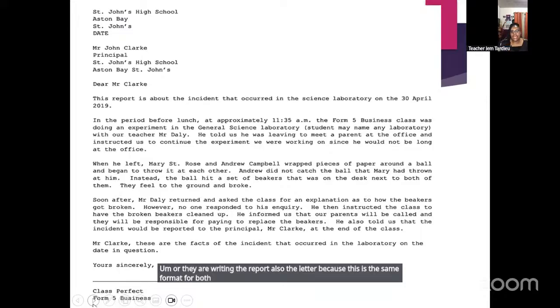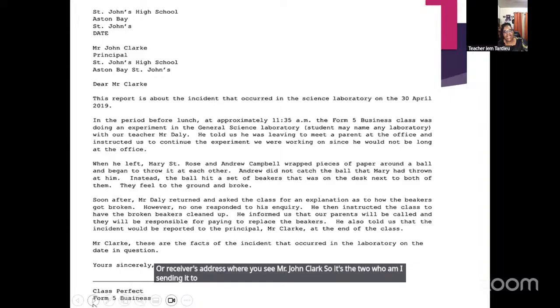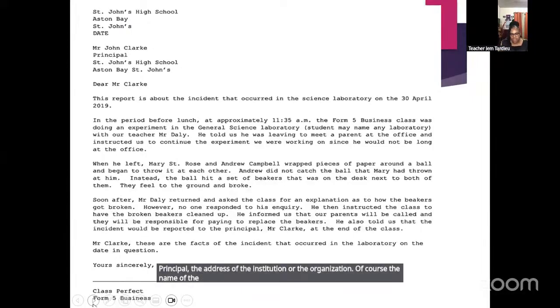The only time that you put the name is where you have the recipient's address, where you see Mr. John Clark. So it's the to, who am I sending it to? What is the position held? Principal, the address of the institution or the organization. Of course, the name of the organization and then the address of the organization, school or institution, whatever it may be. Is that clear, Isaiah?